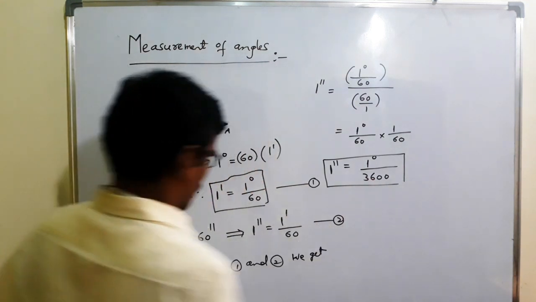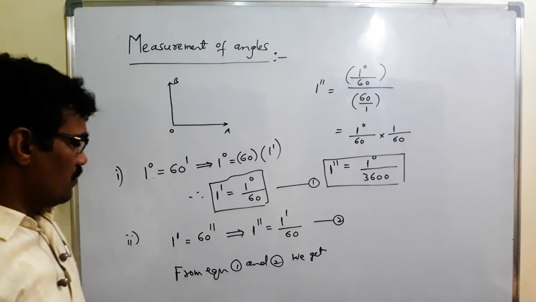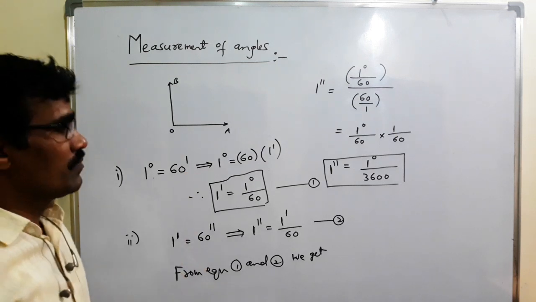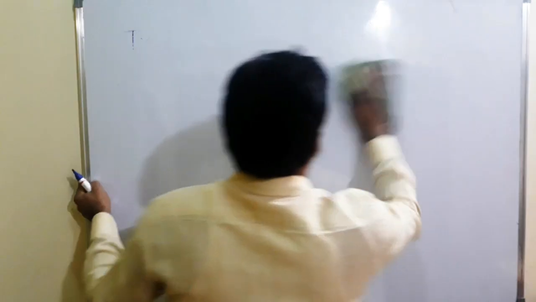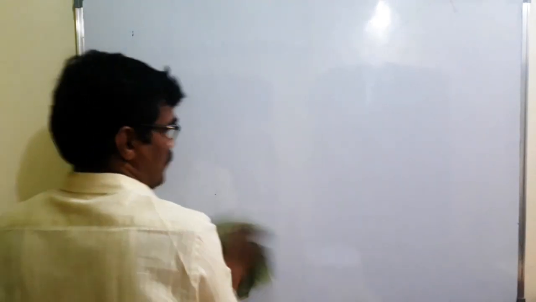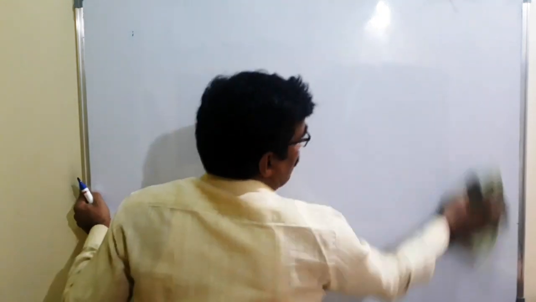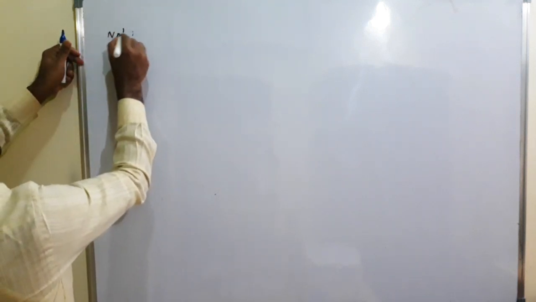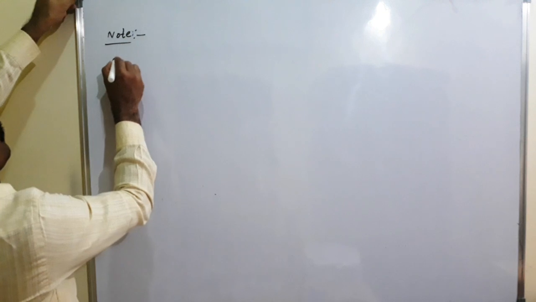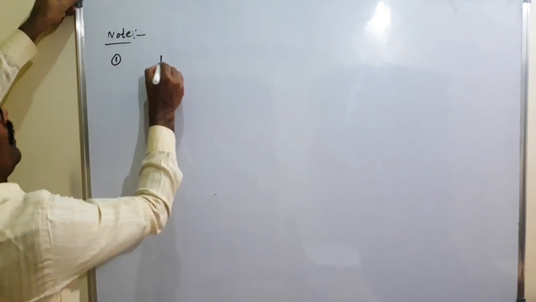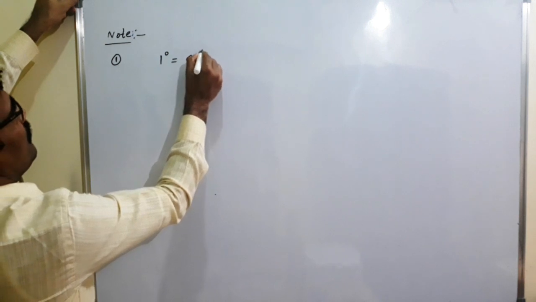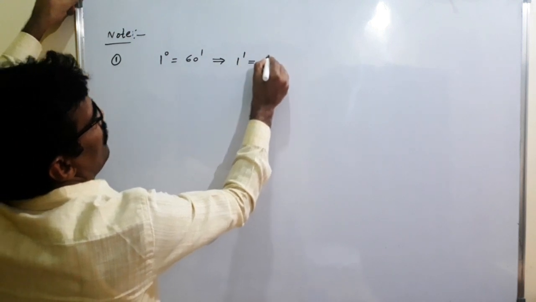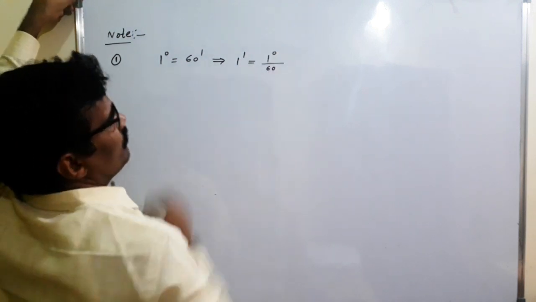So here this is the relation between degrees and minutes, minutes and seconds, seconds and degrees. Students, listen, note. First one, 1 degree is equal to 60 minutes. Therefore, 1 minute is equal to 1 degree by 60.